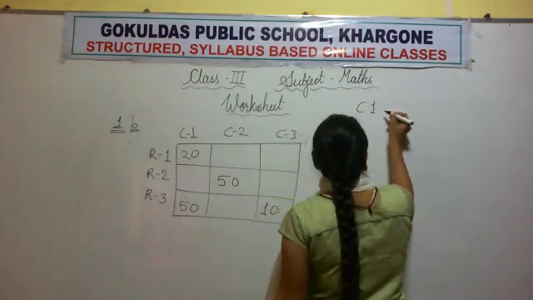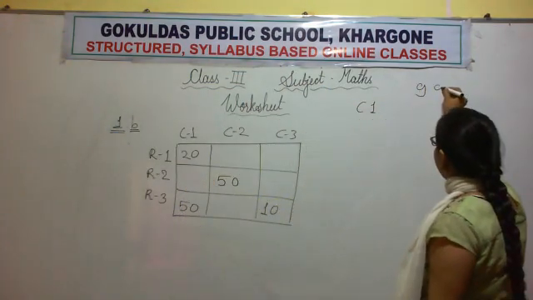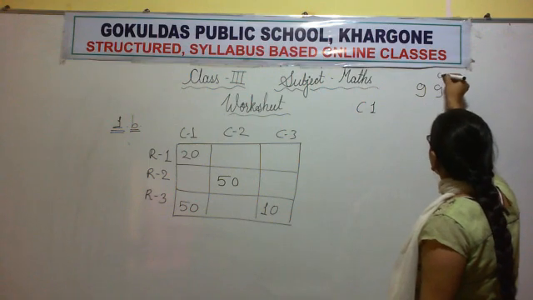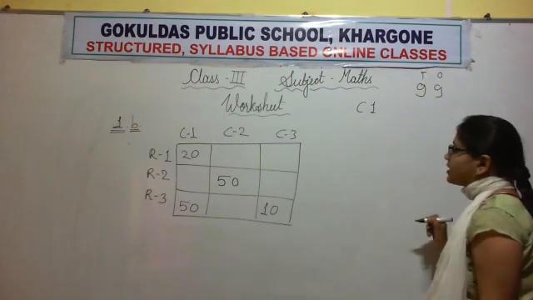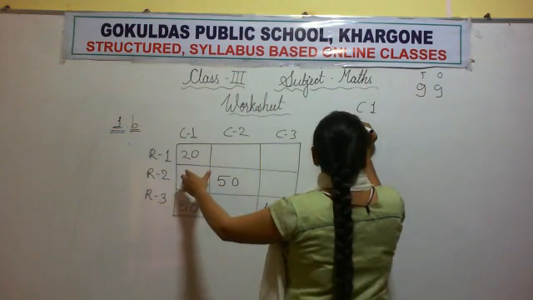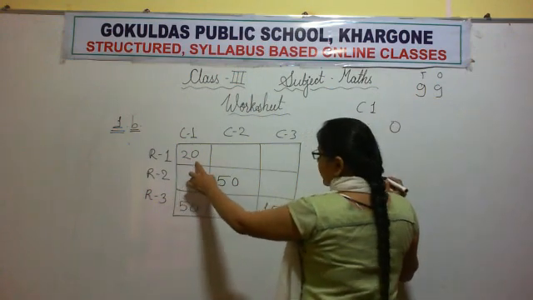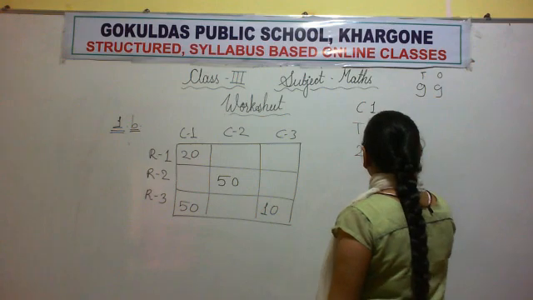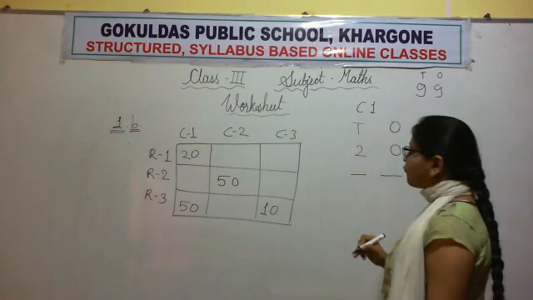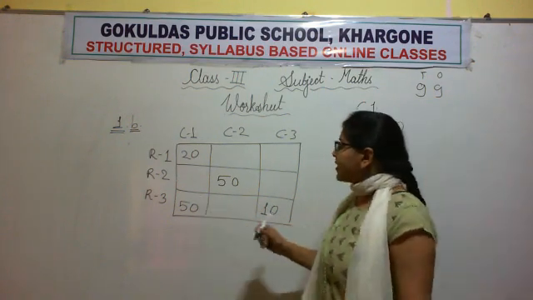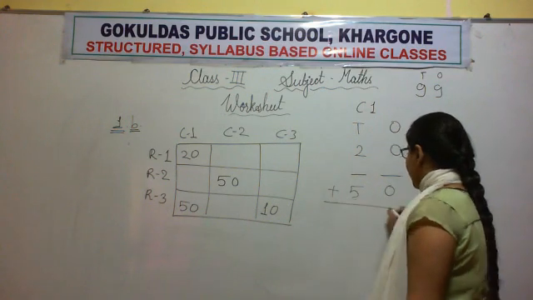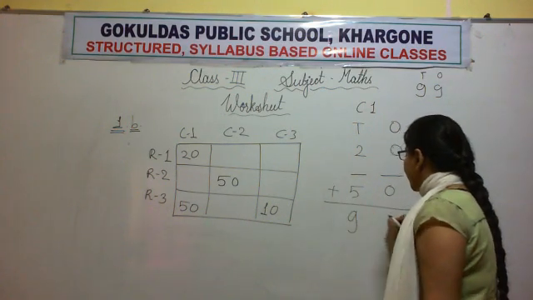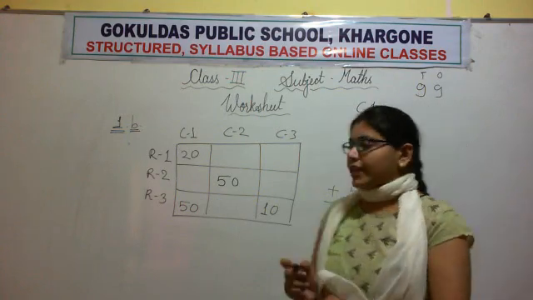So column 1, again we have to make sum 99, 9 at 1's place and 9 at 10's place. So column 1, number 20 is there. Now second one we have to find out, and the third number is 50. And their sum must be 99, so we will write 99 here.